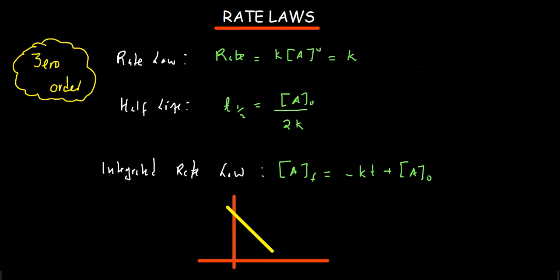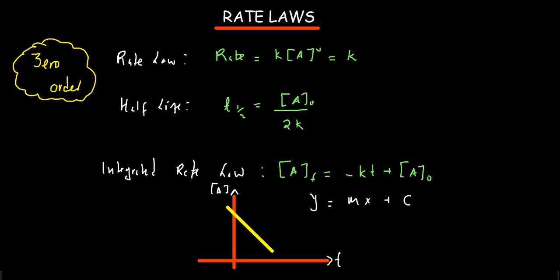This integrated rate law is in the form y is equal to mx plus c. So the y-axis will simply be the concentration, here the concentration of A. The x-axis is going to be time.